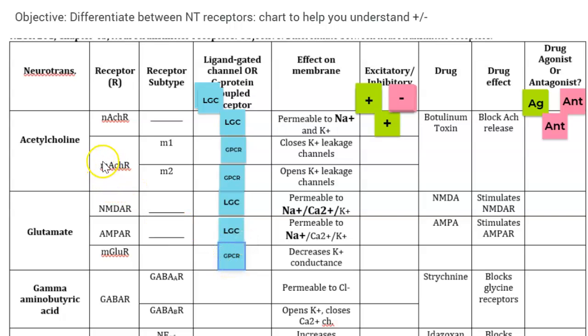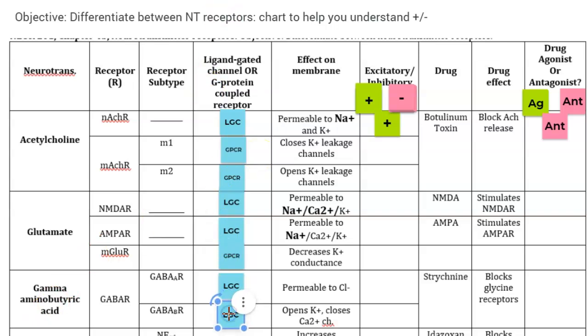This M over here stands for muscarinic, but you can also think that they are also metabotropic, just by the M. All right, the GABA receptor is one where GABA A is a ligand-gated channel, and GABA B is a G protein coupled receptor, so I'm wondering if I have this without enough GPCR.